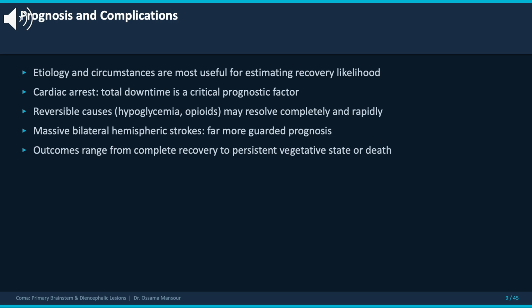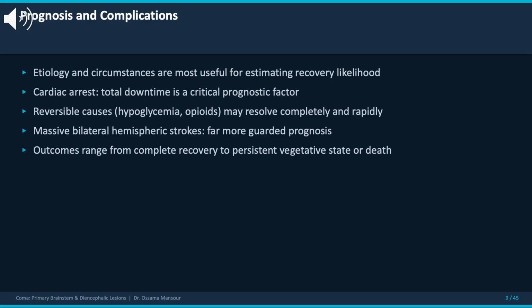Prediction of recovery from a comatose state always represents one of the most challenging aspects of clinical care, and it's often the question that weighs most heavily on the minds of families and healthcare teams. The etiology of the coma and the specific circumstances surrounding the event are often the most useful pieces of information in estimating both the likelihood of recovery and the potential length of the recovery process.